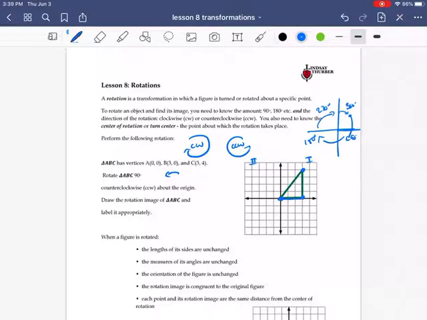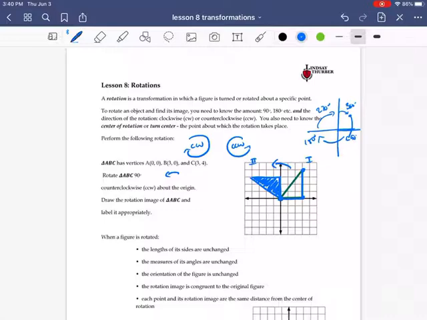So if we rotate this object, we're moving it this direction, the bottom of the triangle is going to be there. And from that point it goes up 1, 2, 3, 4. So we're going to do the same thing here, 1, 2, 3, 4. And then connect the lines to make the new shape. So we rotated that 90 degrees.